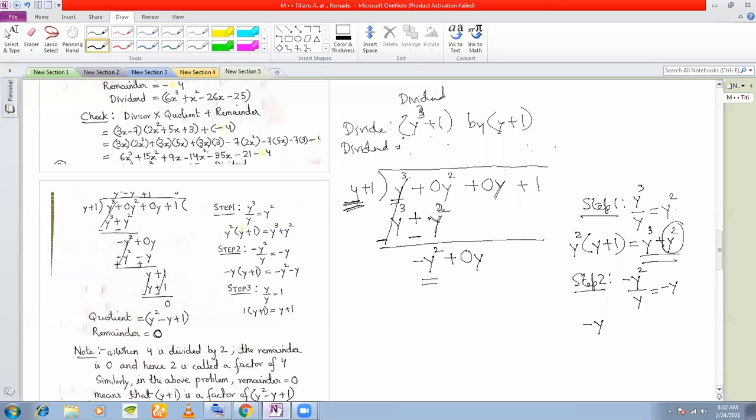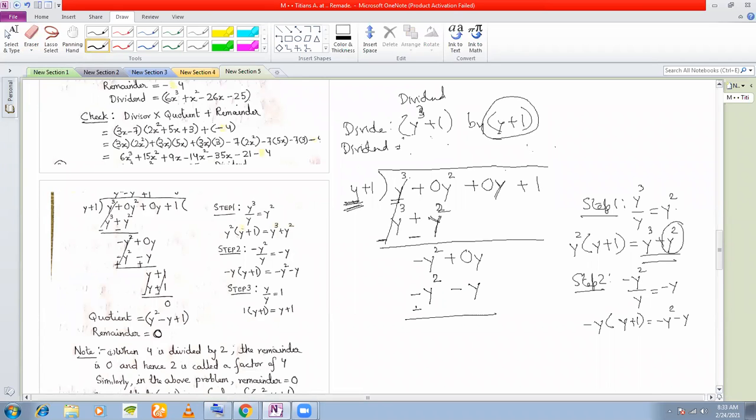So minus y, I again multiply with the divisor, y plus 1. So I get minus y square minus y. Here again I write minus y square minus y. Y square I write below y square, and y below y, and subtract. This cancels. So you get 0 into y plus y, which is simply y. And now I bring down a 1.